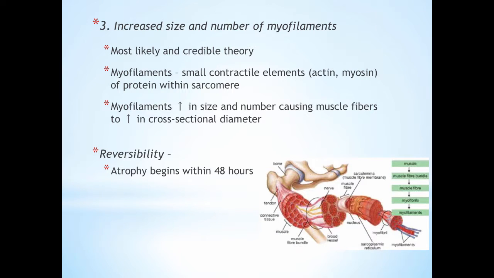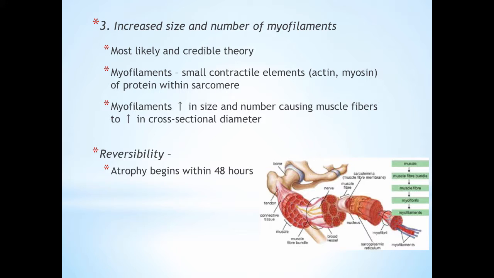And then the third, which is most likely the answer for hypertrophy, is increase in size and number of myofilaments. So you know the muscle kind of looks like a cord wrapped by a number of cords, which is wrapped by a number of cords, and wrapped into a big muscle.